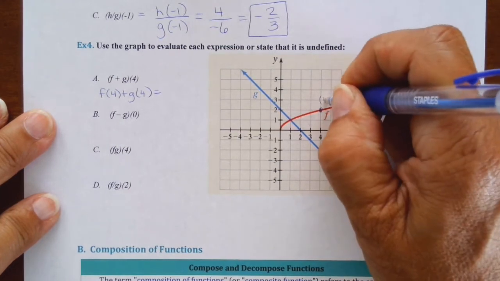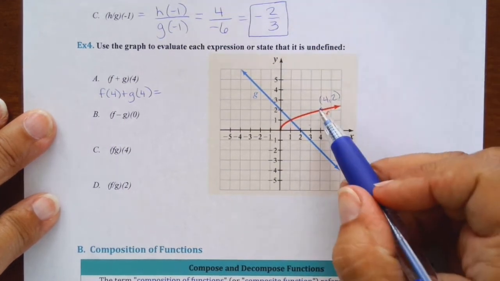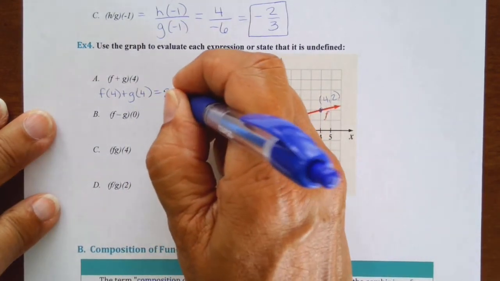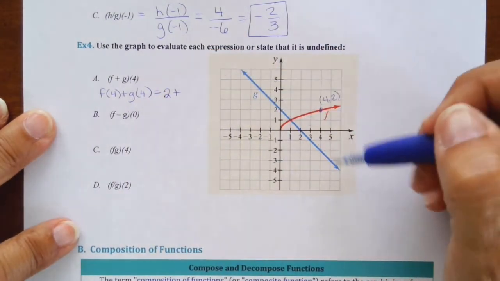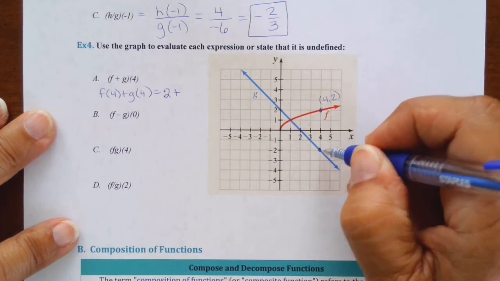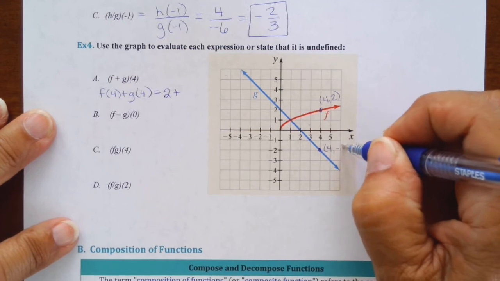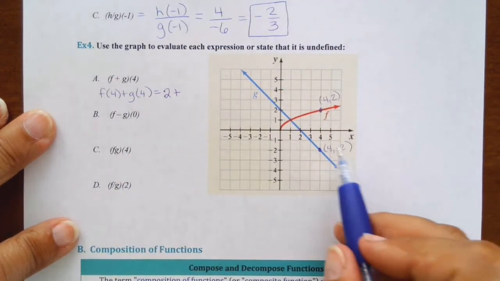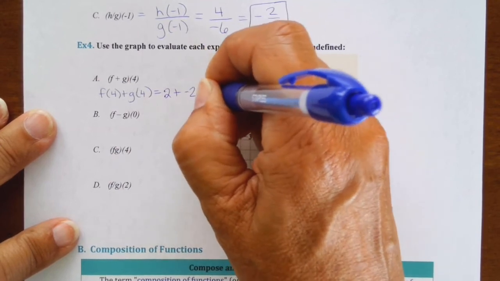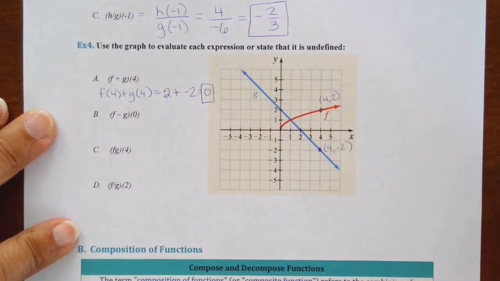The ordered pair is 4, 2. So at f of 4, the answer would be 2. Then we're going to do the same thing, go to function g at 4, which would be here. That's the ordered pair for negative 2. So g of 4 would be negative 2. Add those together. 2 plus negative 2 is 0.